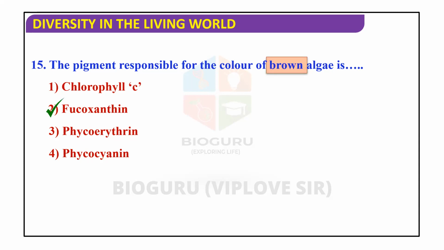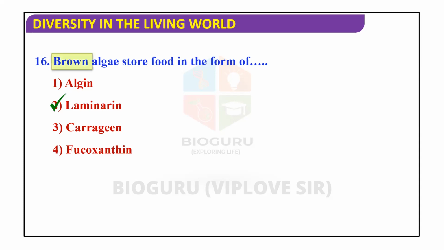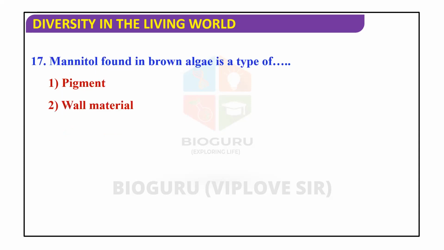fucoxanthin. That's good. Brown algae store food in the form of algin, laminarin, carrageen, or fucoxanthin? Yes, laminarin. That's good. Mannitol found in brown algae is a type of pigment, wall material, reserve food, or hydrocolloid.